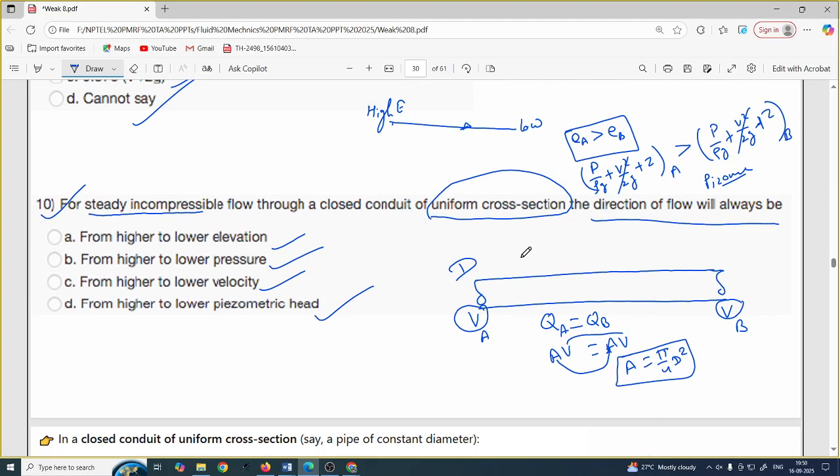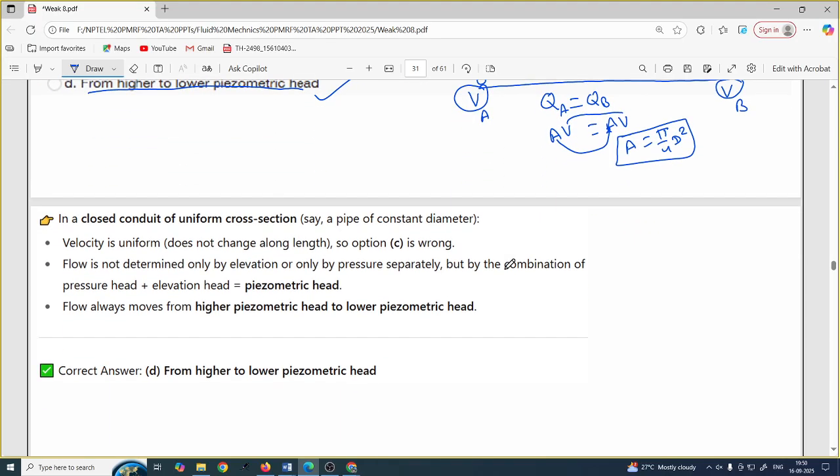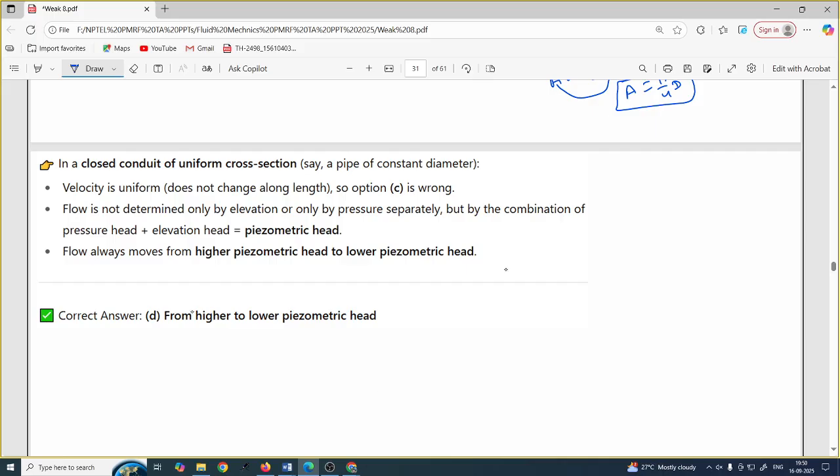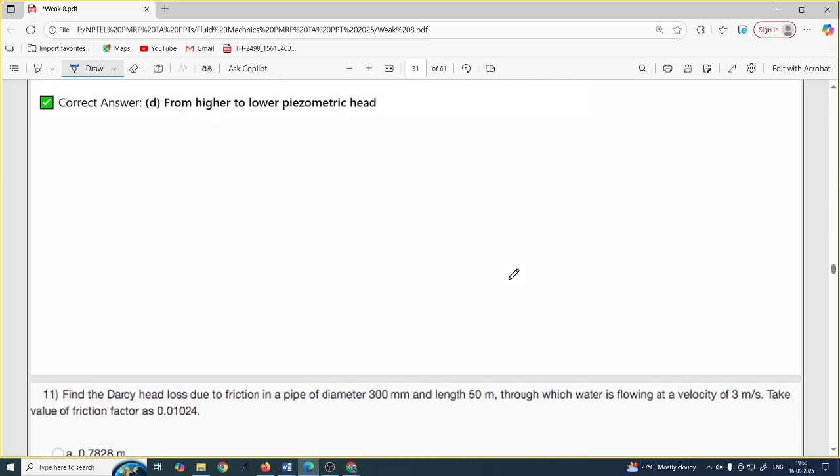So in such a situation, your flow will be from higher to lower piezometric head. This is very important. So this is some explanation. The velocity is uniform because of this.